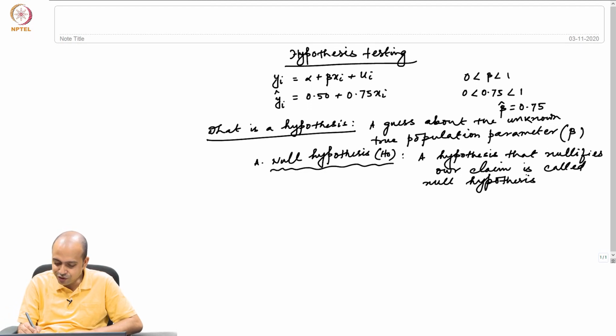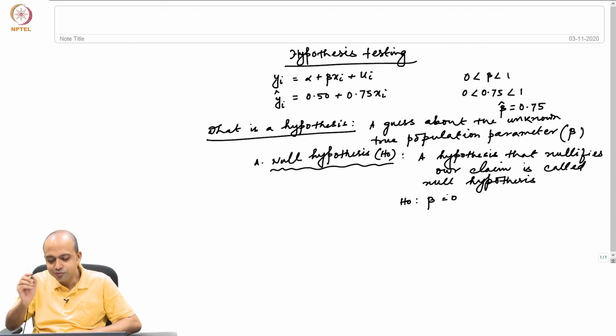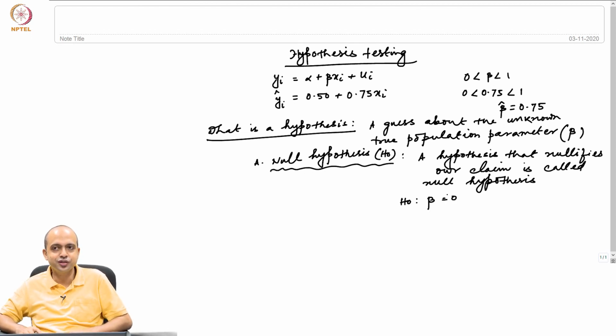In terms of this notation, you will say that beta equals 0. That is our null hypothesis. So, your claim is beta greater than 0, meaning income has a significant impact on consumption, and then you nullify and get your null hypothesis, H naught: beta equals 0.